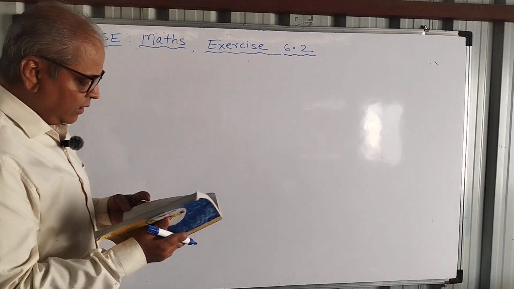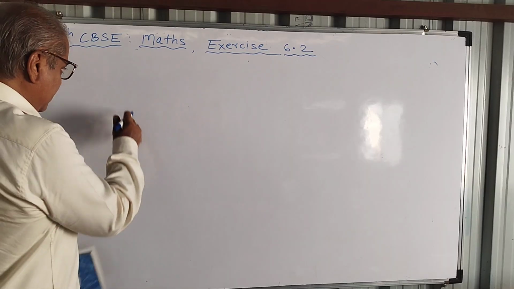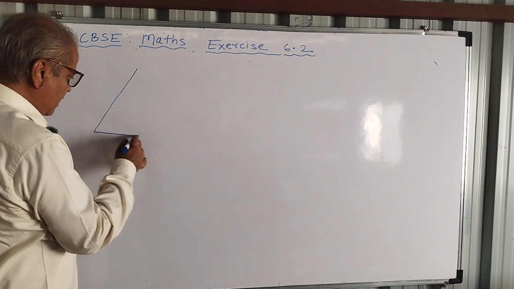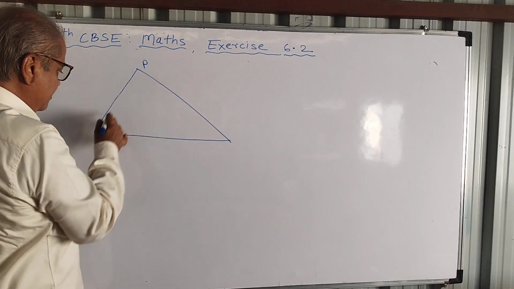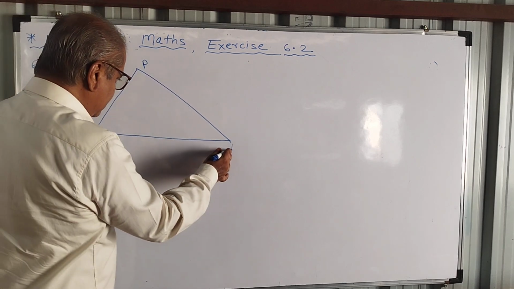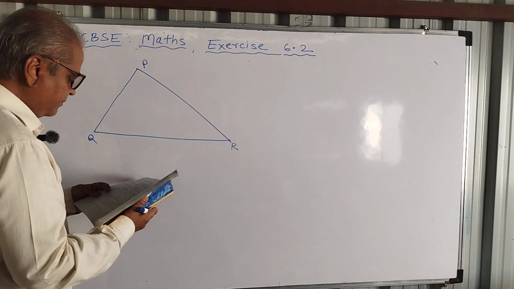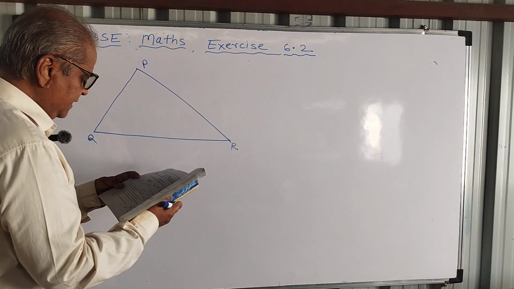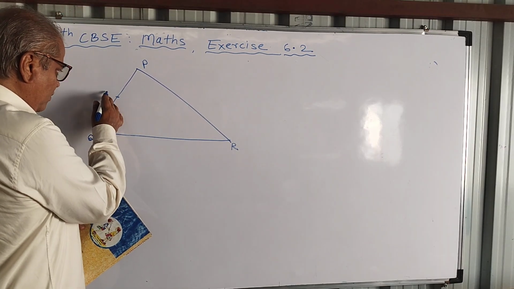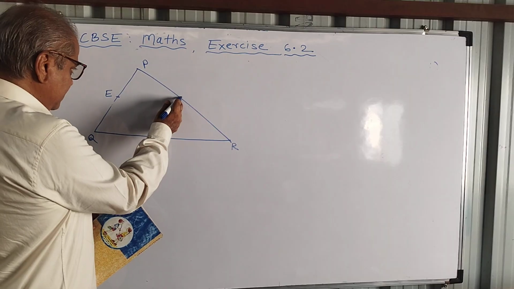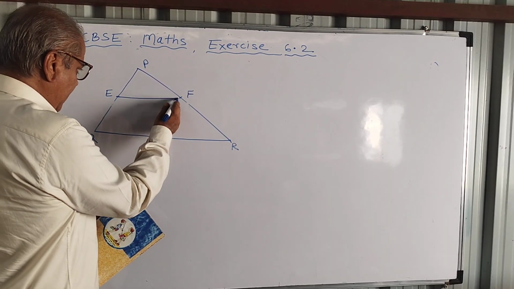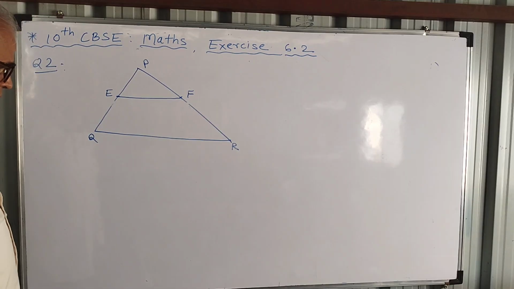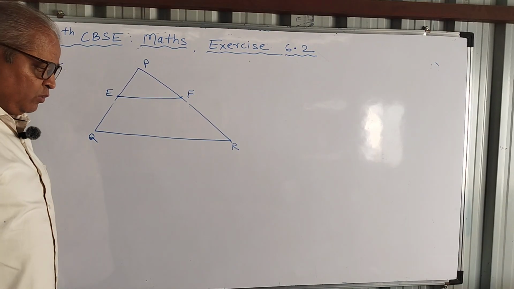So first I will draw the diagram. Triangle PQR. E is the point on PQ and F is the point on PR, and I need to check whether EF is parallel to QR.